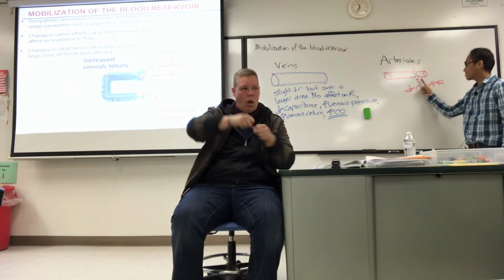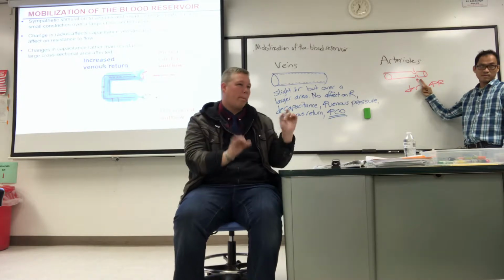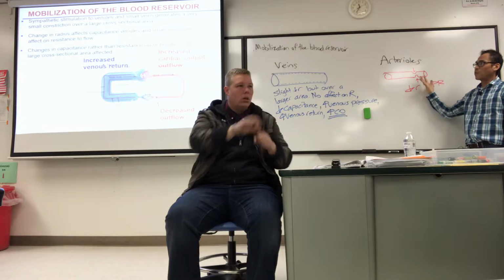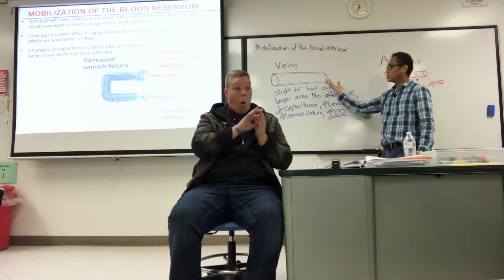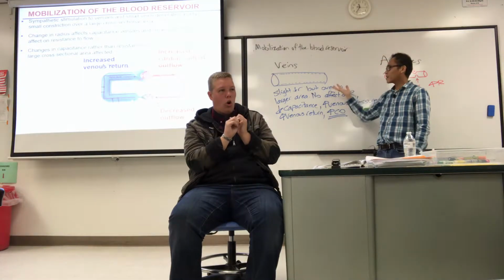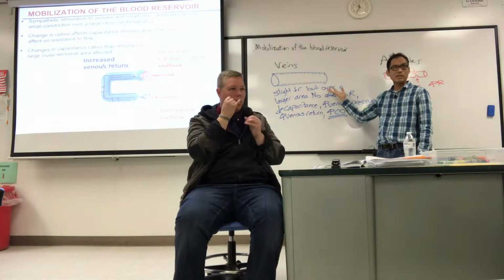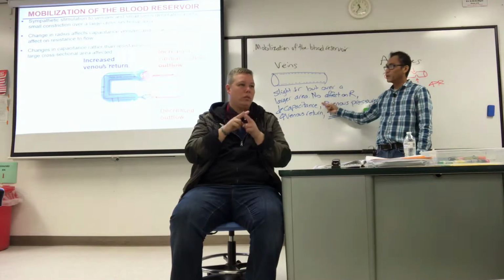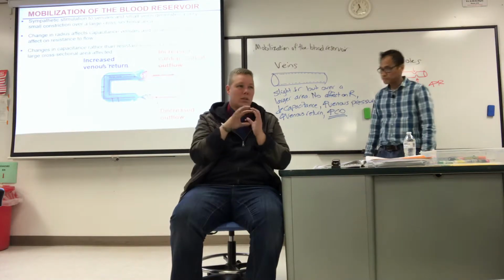Because that's like this. No blood's flowing. No water's coming out. But then he said, okay, what if you just take the whole garden hose and replace it with a garden hose that's just this much smaller? Well, that's not going to stop the flow. In fact, it's going to increase it, right? If you have that visual in your mind, that's what's going on here. You're increasing the return to the heart.